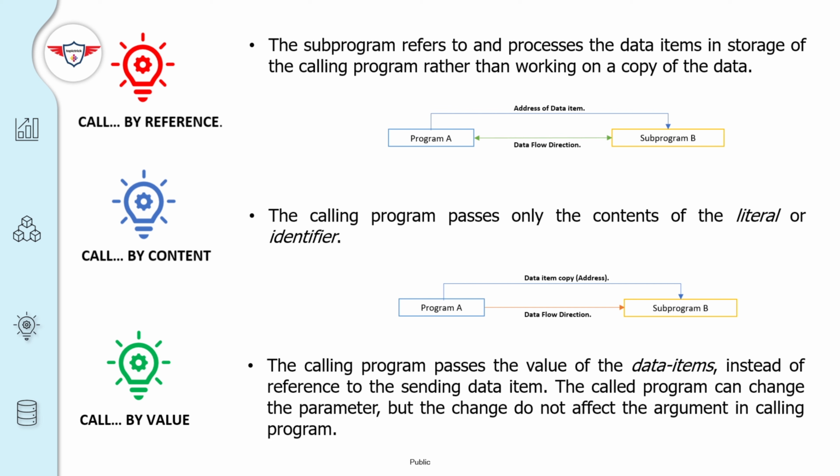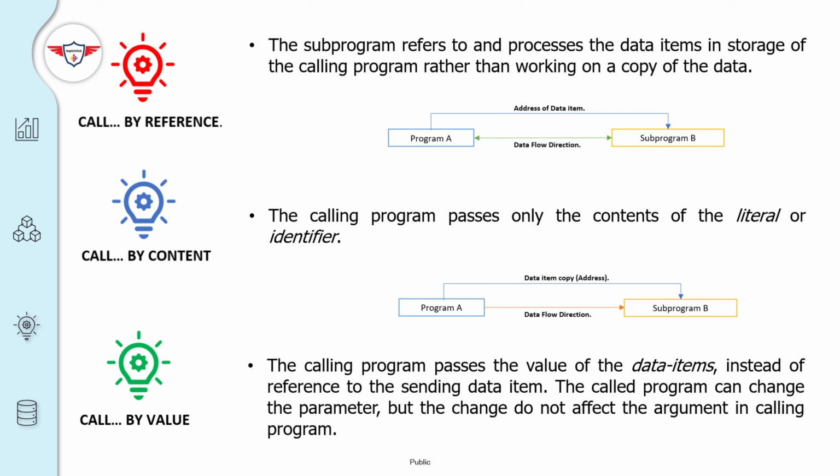But when the data is passed by content, a copy of the data item is created and the address of the copy is supplied to the subprogram, and any change made to the data item in the subprogram will only affect the copy of the data item. If you look at the flow diagram, program A, which is the main program, is calling the subprogram, that is program B, and it's passing the data.